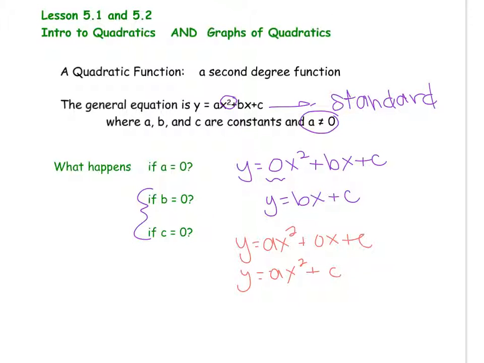If you were graphing this, your vertex, or your max or min point, is going to start at c on the y-axis. Now, if my y-intercept is 0, that means that my vertex for this one is at the origin.